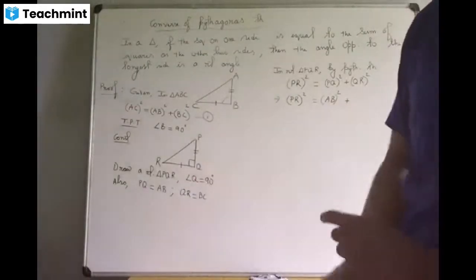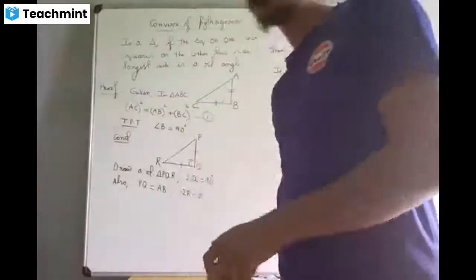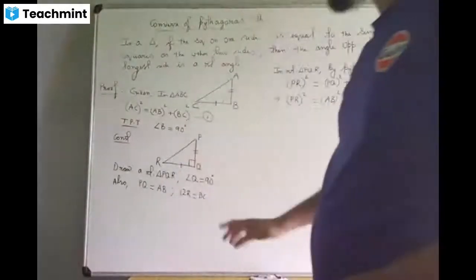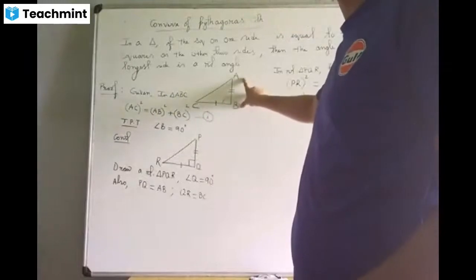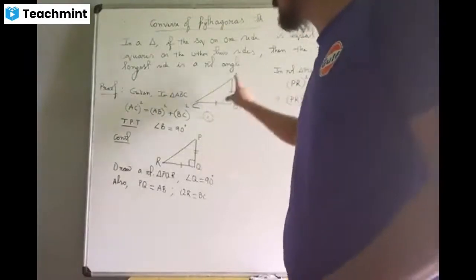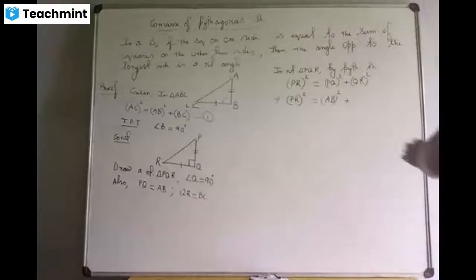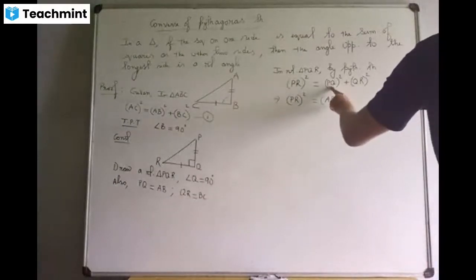We have constructed this triangle PQR in such a way that the length of PQ is equal to AB. So we are applying the construction over here.